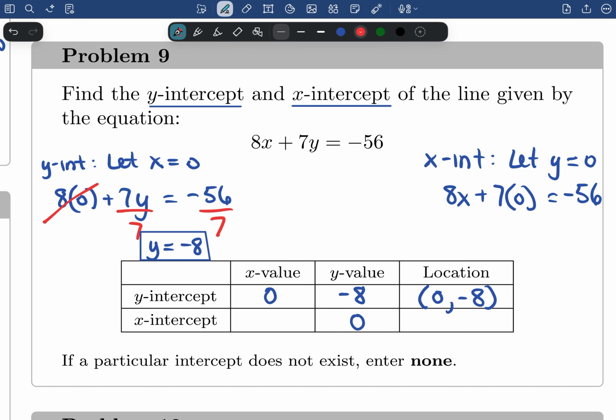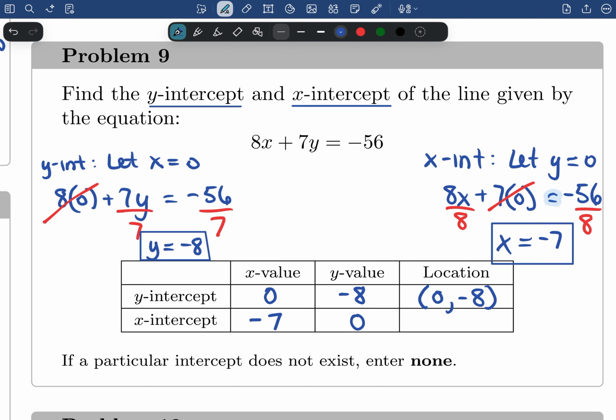Great. So 7 times 0 is just 0. And I'm now going to divide by 8 from left to right. And x equals negative 56 divided by 8, which is negative 7. Done. So I'm going to the x value of the x-intercept, and I input negative 7.